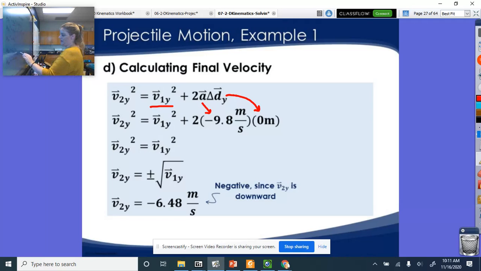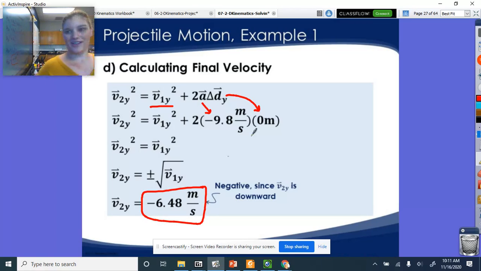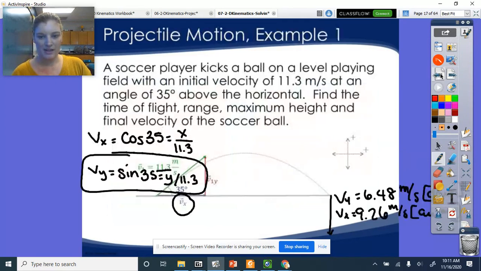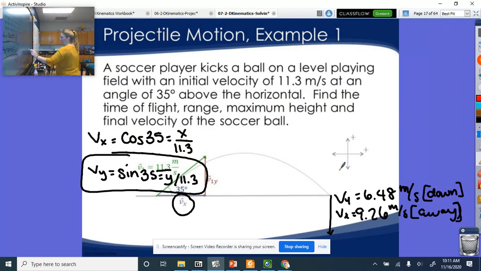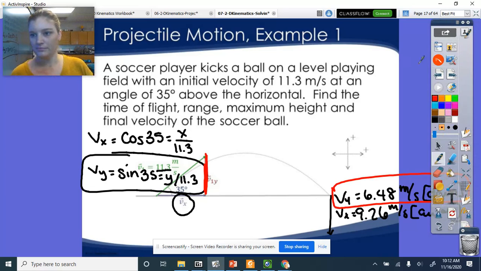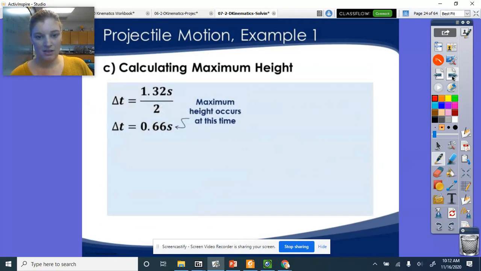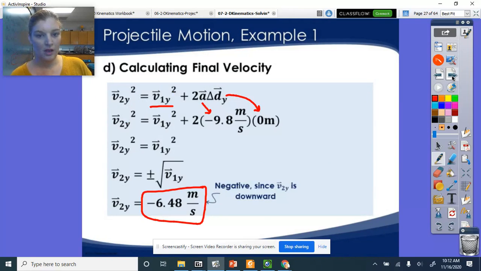So you'll see that we're getting a negative 6.48 meters per second, which is actually what we talked about earlier. When we calculated it back over here, we already knew that our velocity in the y is going to be the exact same as this velocity right here, just in the opposite direction. So you don't really have to do the math again, although this is a good way to double check your math if you ever wanted to.